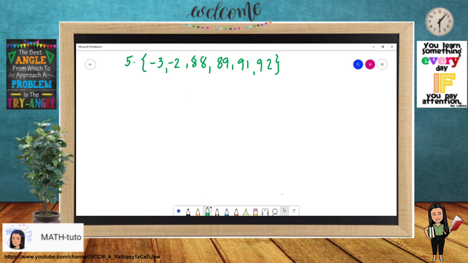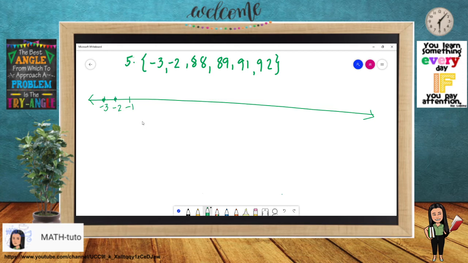Sorry, na-curve ng konti. Pero anyway, this is a line. It is supposed to be straight. Okay. Let's draw negative 3, negative 2, and then negative 1. Since it is a line, we know that it extends infinitely in both directions.